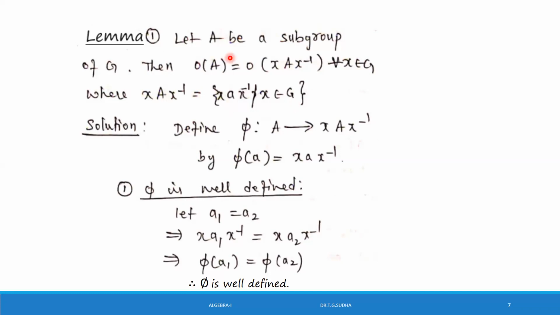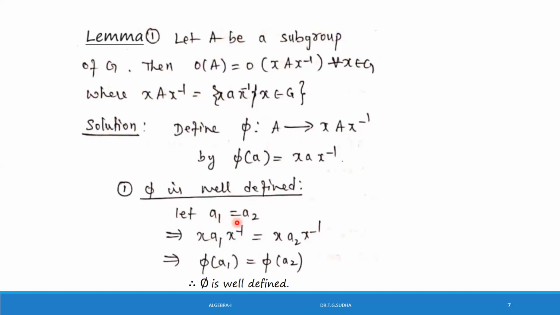To show that these two subgroups have the same order, we are going to define a mapping phi from A to XAX inverse by phi of small a equal to XaX inverse, where X belongs to G. First of all, let us show that phi is a well-defined mapping.